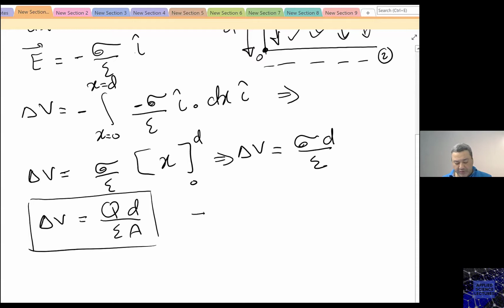Now if I want to calculate the capacitance, we know the capacitance Q equals C delta V, as we have seen earlier.